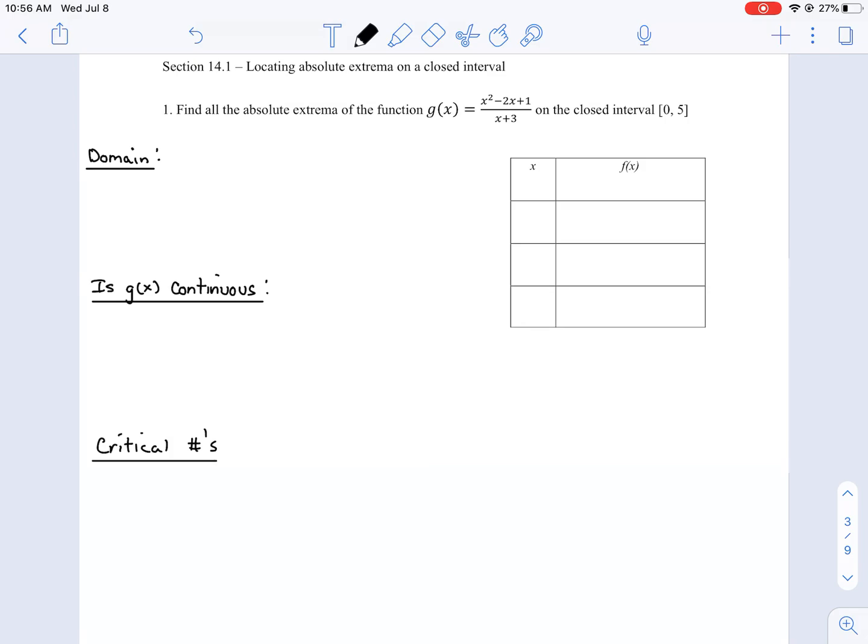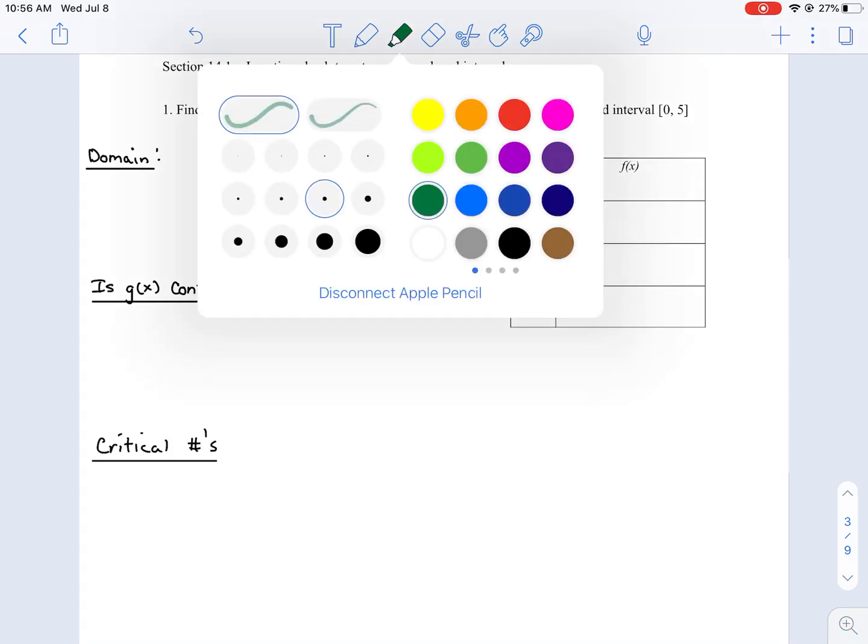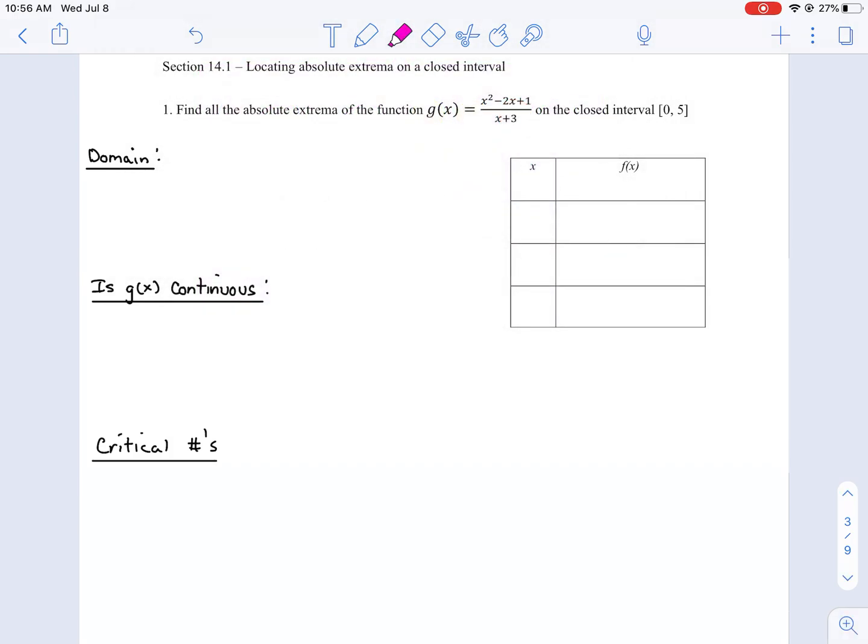Before I begin, we're going to find the domain. If you take a look at g of x, this is a rational function with an x plus 3 in the denominator, which means if x is equal to negative 3, you're going to have a 0 in the denominator, and your function is undefined.